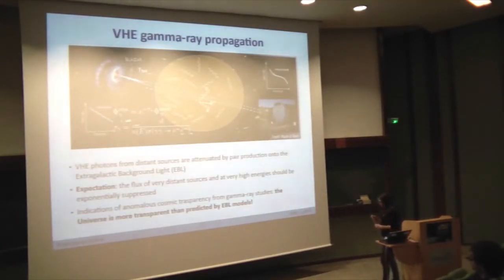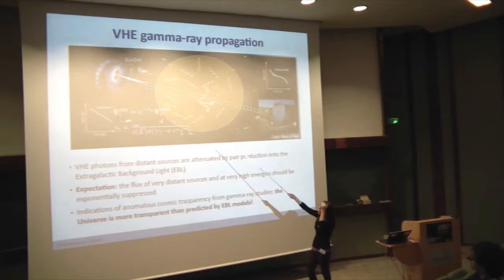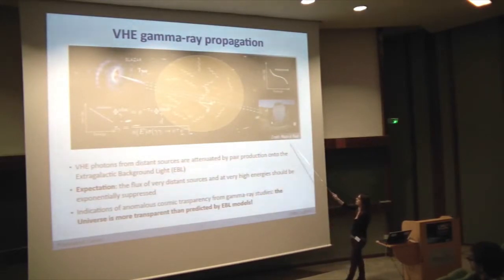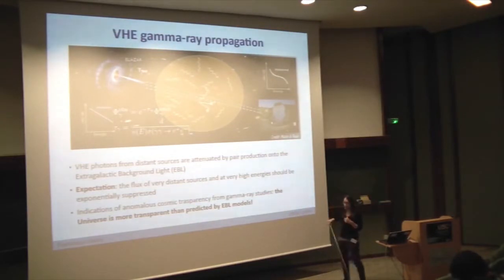Another issue which is still open is the absorption of high energy photons and the opacity of the universe. What happens when photons at very high energies are emitted from an extragalactic source is that they travel through the intergalactic medium before being detected at Earth, and during their path, they are absorbed by what we call the extragalactic background light, which is the light emitted by all galaxies in the infrared and optical domain.